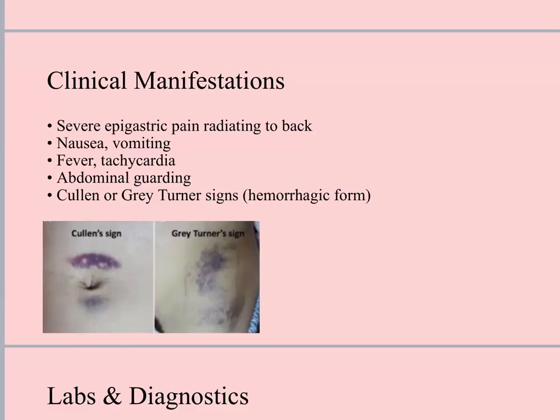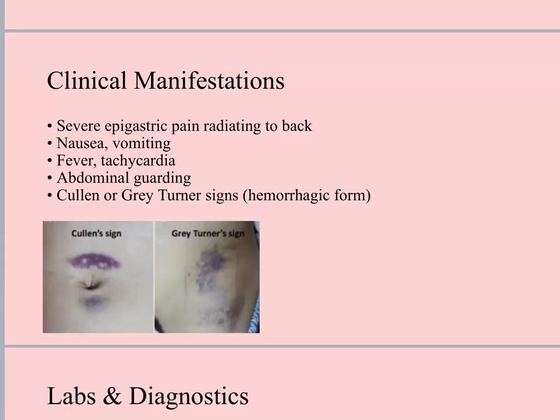So, a little bit about the pathophysiology behind this is that the pancreas is just very inflamed. It gets very swollen, and it too has a capsule, like that glistening capsule with the liver, and it stretches and irritates the surrounding sensory nerves.